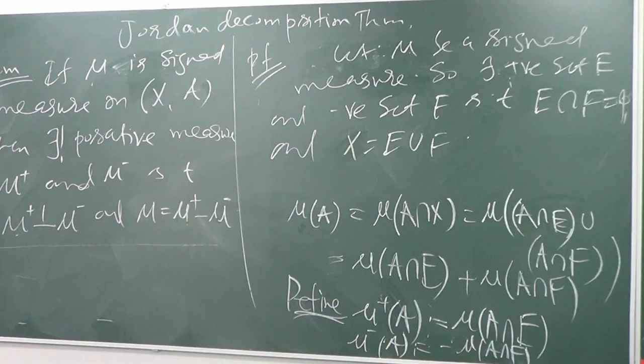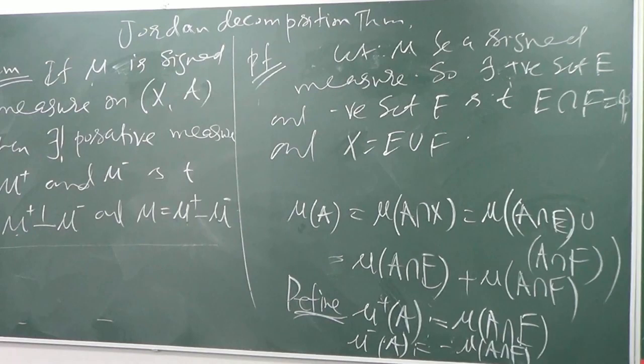So thus I have E and F, but F I want to express in terms of E prime because their intersection is empty, so F prime must be the E prime complement. I have no other choice. So thus E prime is 0 under mu plus' and E prime complement, or F prime, is 0 under mu minus'.